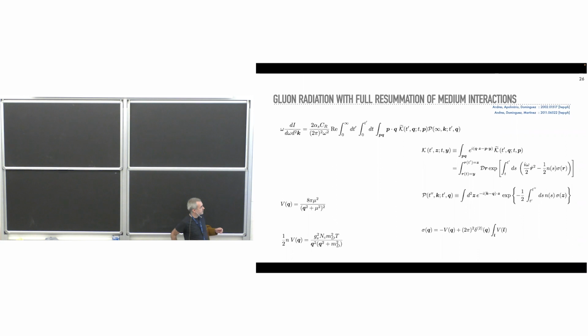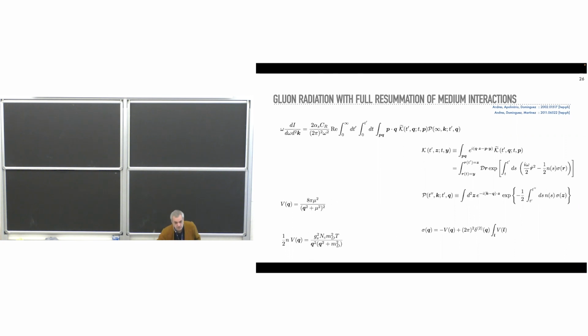Actually, I can do it for whatever potential I want. So there's something missing there, and it's a shame on these things here. The first one you'll recognize as some sort of Yukawa potential. That's good. It's one way of modeling the interaction of the parton with some screened color charges in the medium.